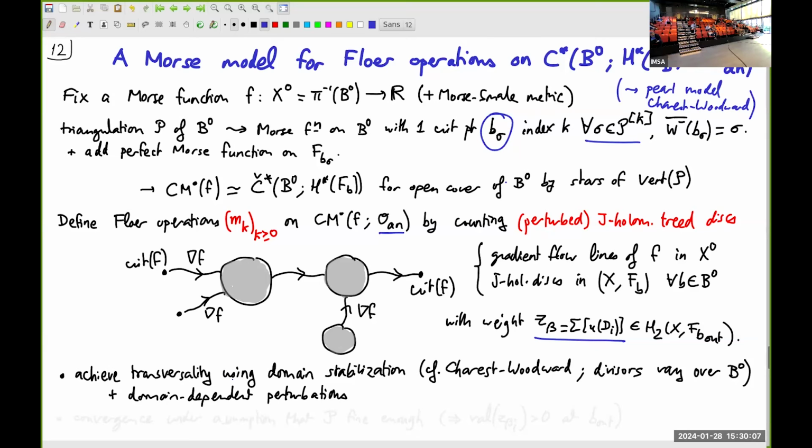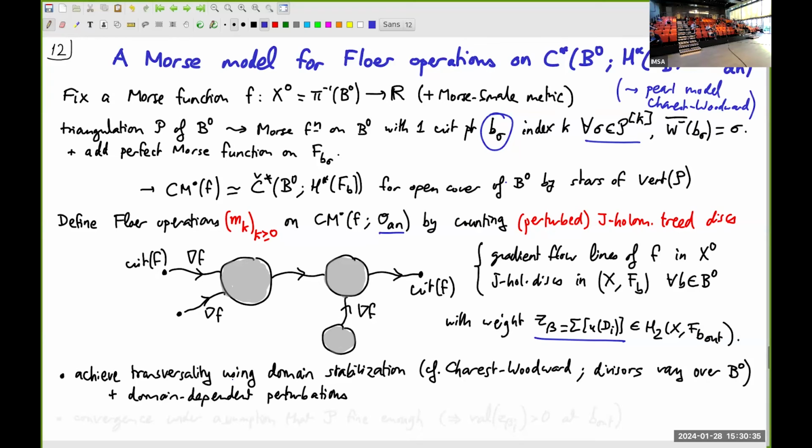What you need to do is you will add a bunch of interior mark points to your disk just by marking all the intersections with some sufficiently positive divisors disjoint from your Lagrangian. And once you have all these mark points available, label them in a random order. You will average over all possible labelings, and then choose domain-dependent perturbations. And that will allow you to deal with all the multiple covers and so on problems.